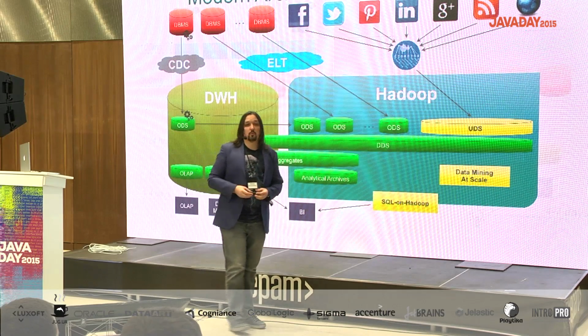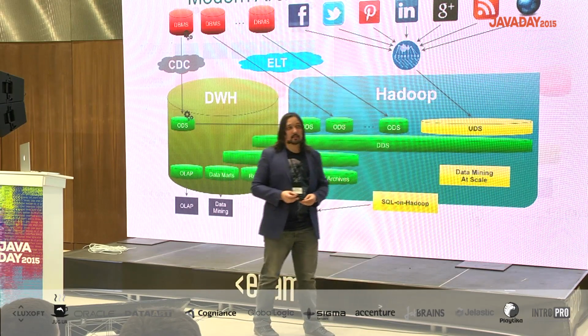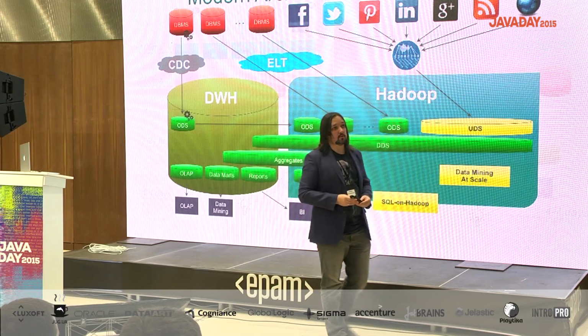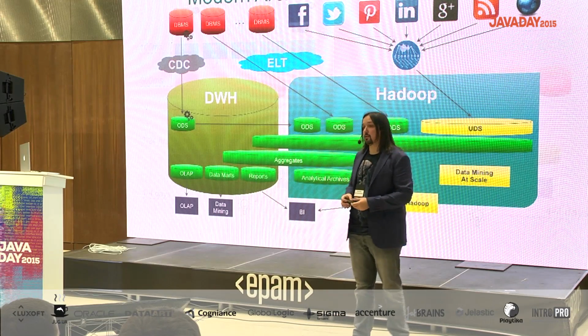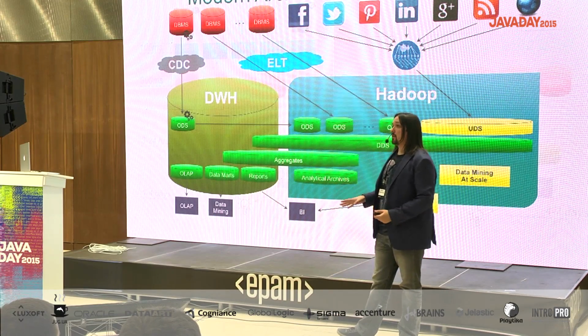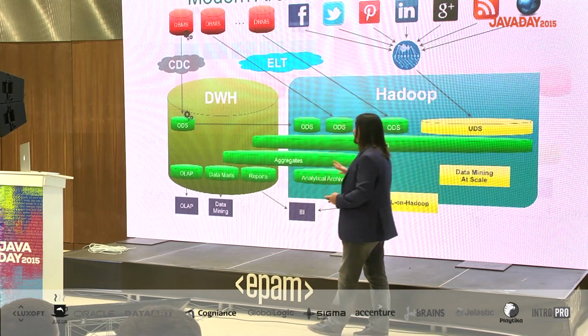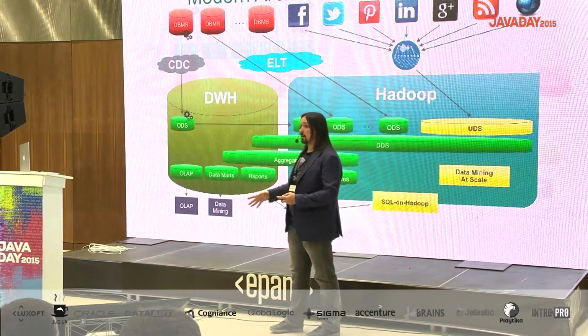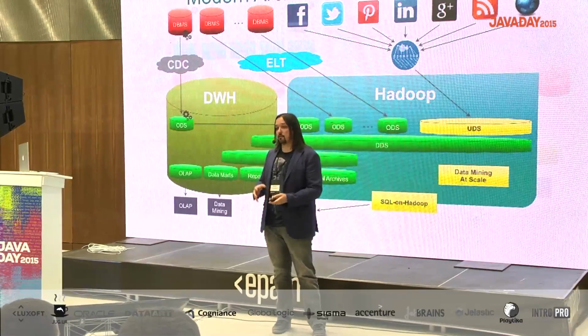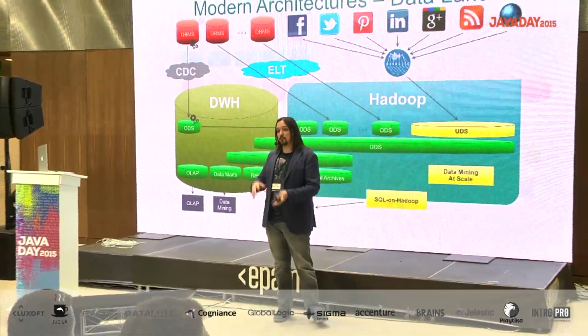For instance, Facebook has 300 petabytes of data stored in different Hadoop clusters, and they run mainly Hive on top of this. But they have Vertica as a data warehouse solution. When they build aggregates inside their Hadoop clusters, they load this data to Vertica.